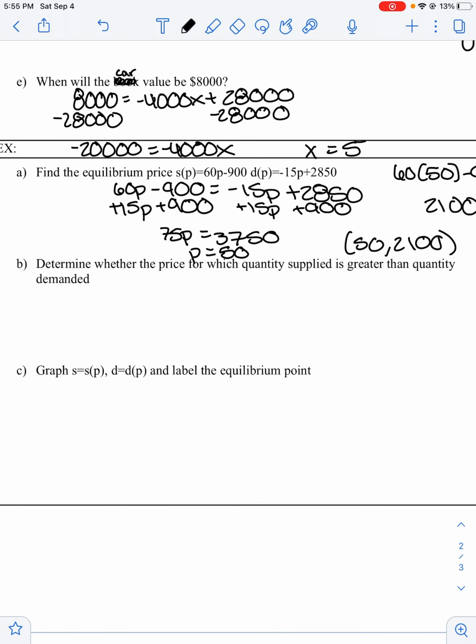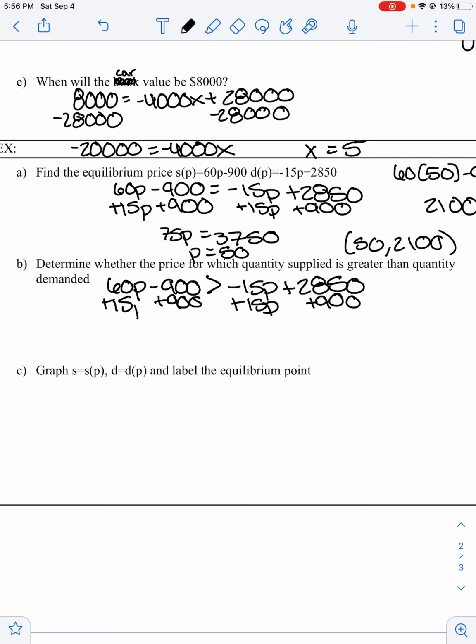So we're trying to find when the supply, 60P minus 900, is greater than the demand, which was negative 15P plus 2,850. Then I'm going to solve just like I did above. So add 900 to both sides and add 15P to both sides. And I would get 75P is greater than 3,750. Divide by 75 on both sides.